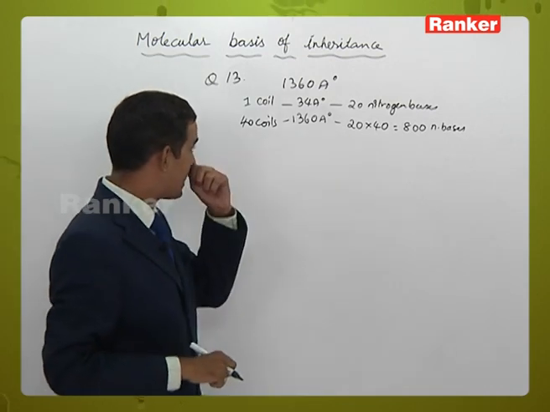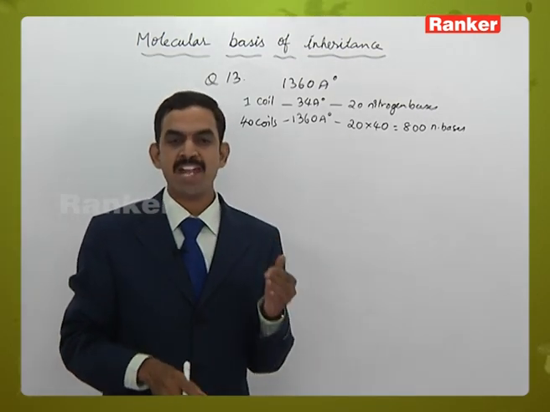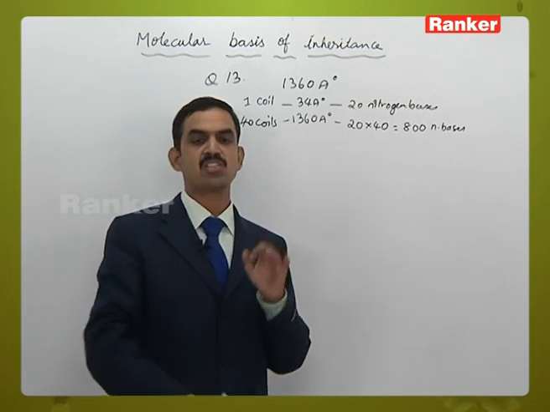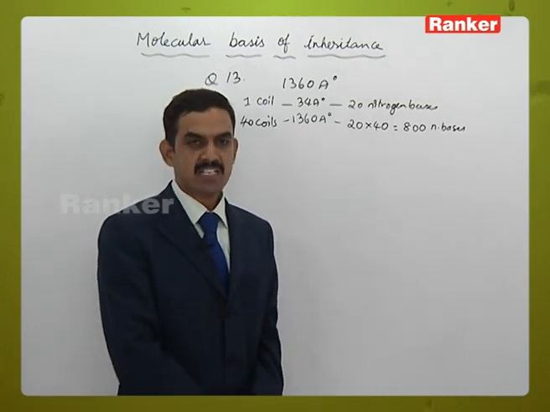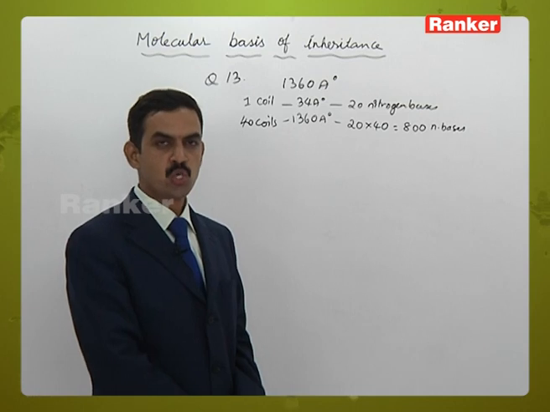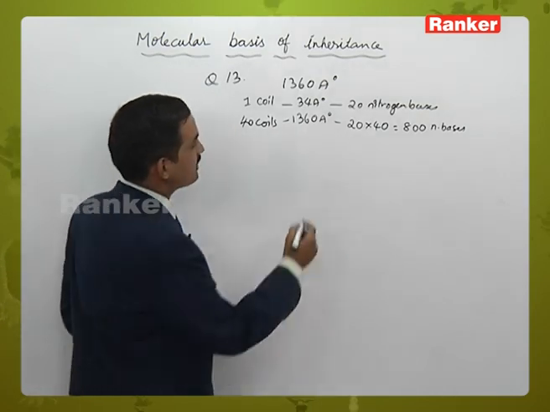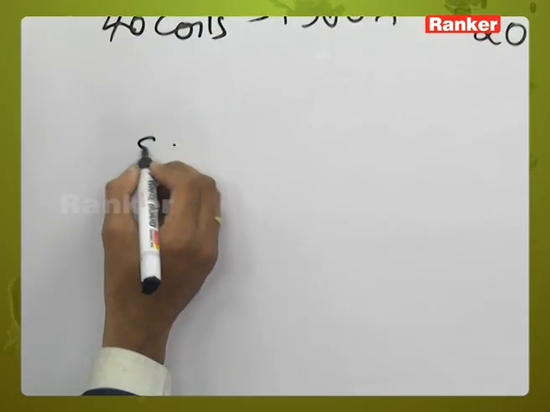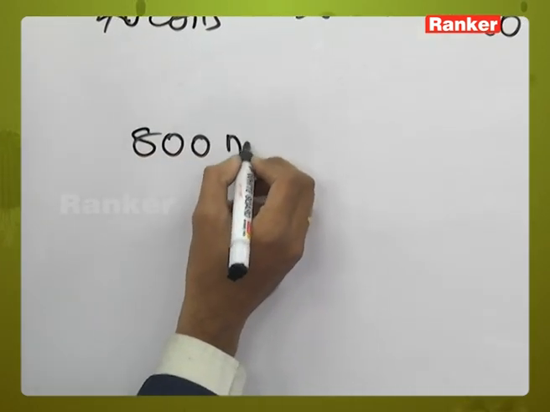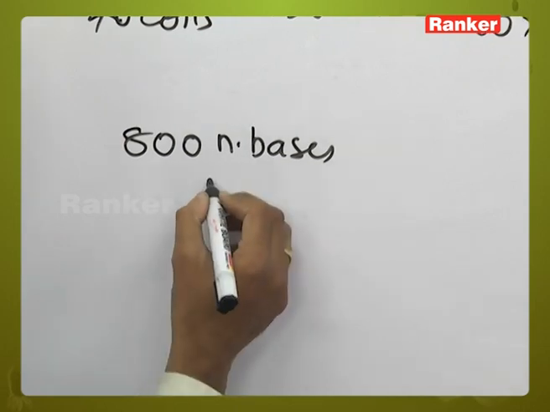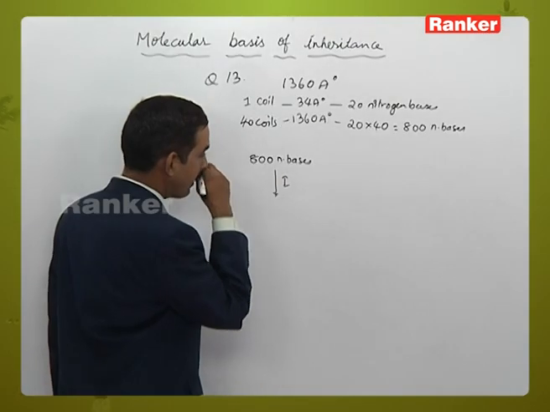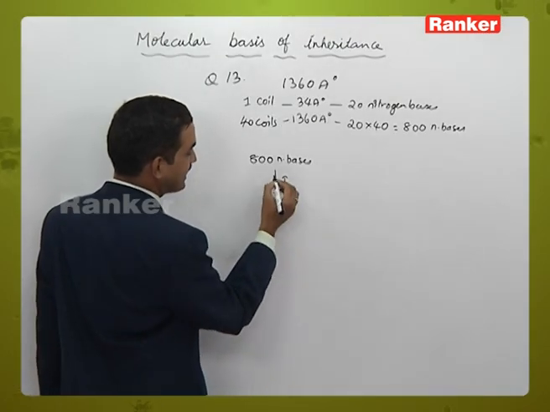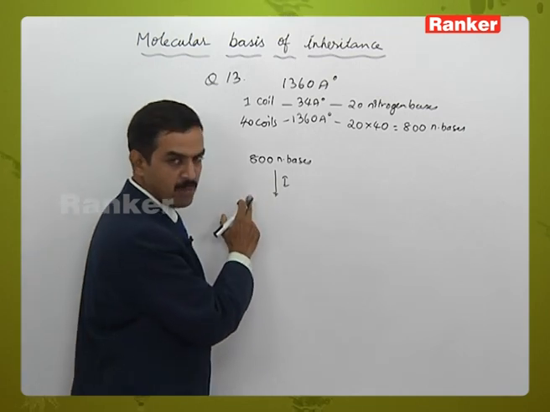If this DNA molecule is made to replicate for 3 generations in a medium containing deoxyribonucleotides, in the first generation we know that the DNA initially had 800 nitrogen bases. After the first generation, each strand contains 400 nitrogen bases.